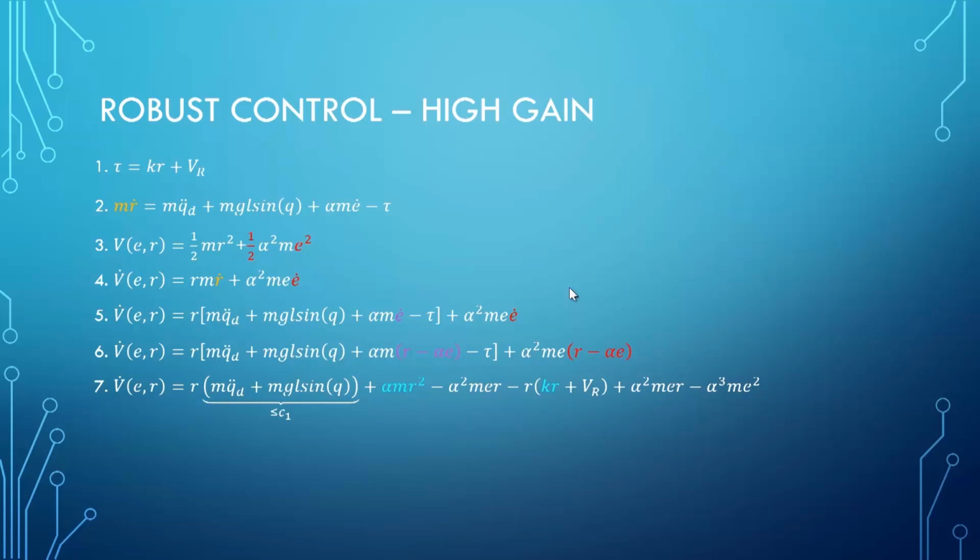By observation, minus r squared is a good term, plus something r squared is a bad term, but they can be combined. If I choose the control gain large enough, maybe larger than alpha m, they can be negative. So there's a chance to be negative definite. So it's the r squared term here, and here is the minus e squared term. So it's highly likely to be a good result for V dot. So let's try.